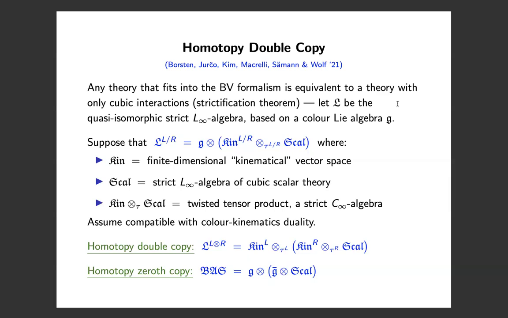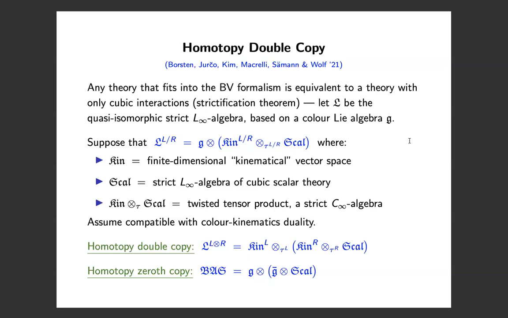From the point of view of the BV formalism, the BV formalism is dual to the formulation of field theories in terms of what are called L-infinity algebras. So these are homotopy algebras. If you don't know much about L-infinity algebras, don't worry, you don't need to know what they are, because I'm always going to apply what's called the strictification theorem for L-infinity algebras, which shows that essentially they're equivalent to strict L-infinity algebras.